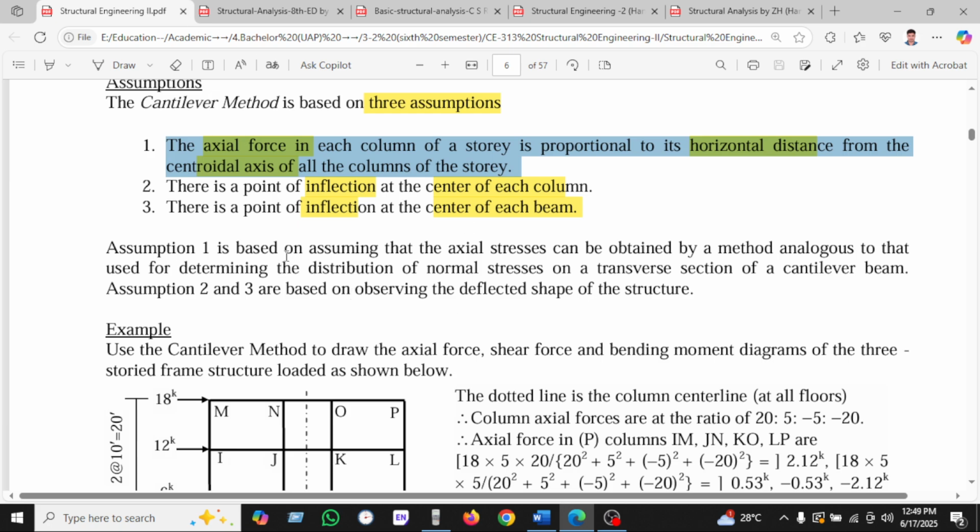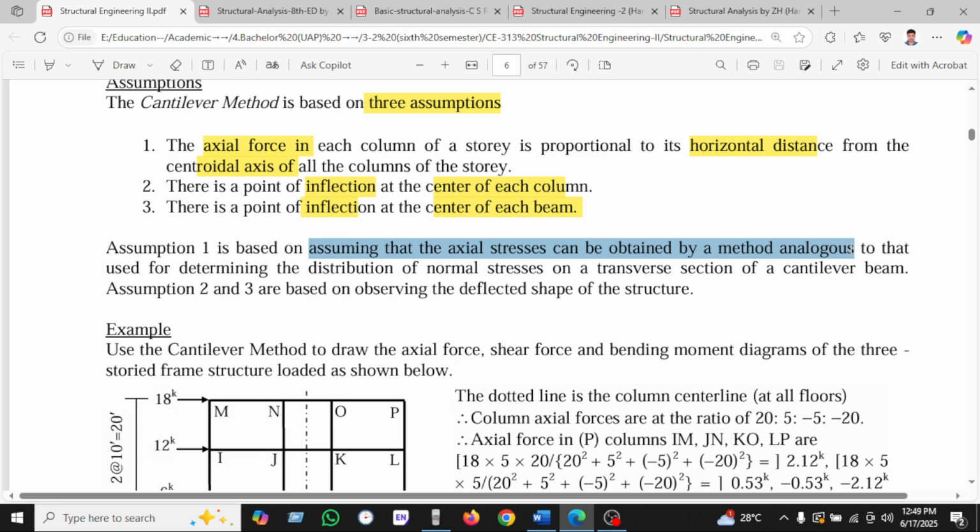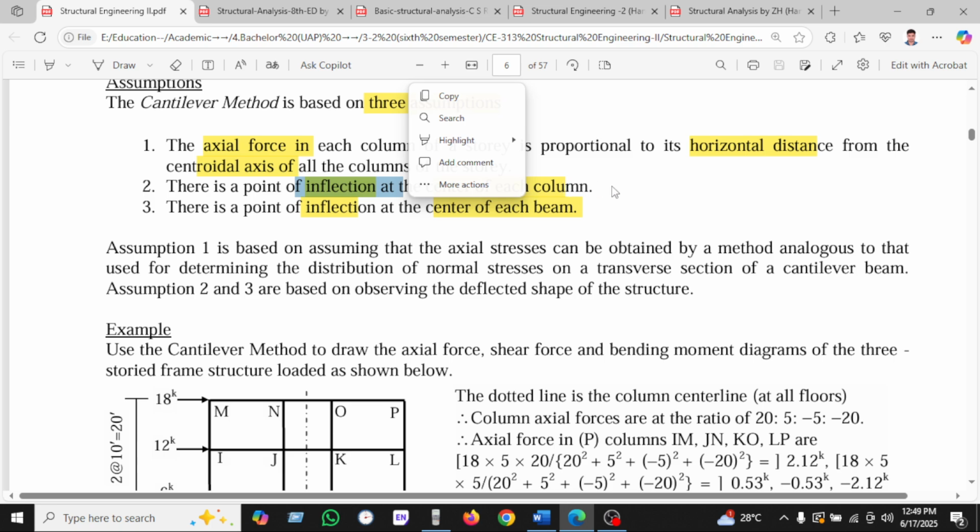Okay, so assumption one is based on the assumption that the axial stresses can be obtained by a method analogous to determining the distribution of normal stress on the transverse section of a cantilever beam. And assumptions 2 and 3, which are the inflection at the center of each column and beam, are based on observing the deflected shape of the structure.